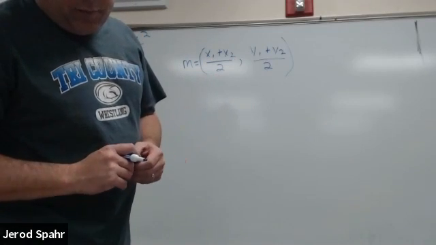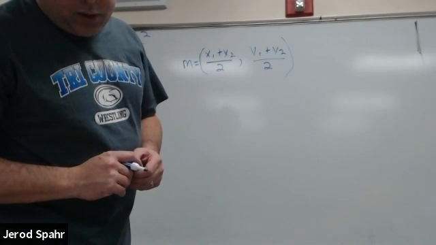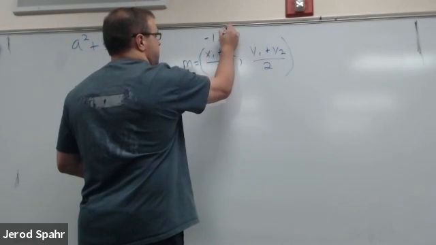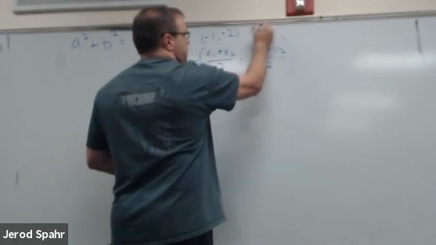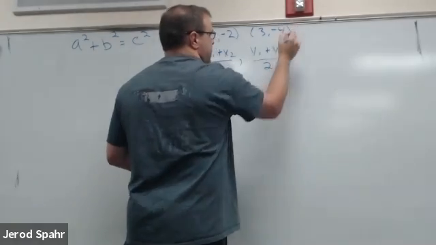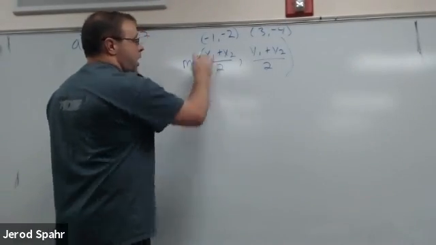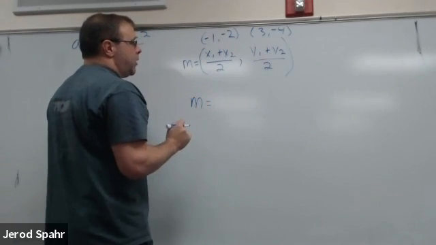So the points that they want to find the midpoint of are (-1, -2) and (3, -4). We're just going to plug it in. We want the midpoint of those 2 points, the point right in the middle is what we're looking for.